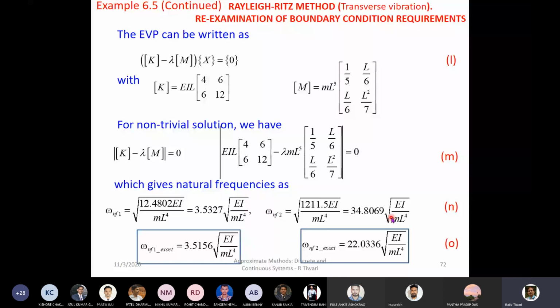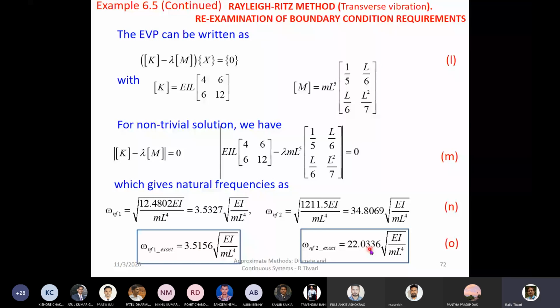Now the first natural frequency is compared with the exact solution from the actual eigenvalue problem. This is the second natural frequency, exact from the eigenvalue problem. Now if you compare, the first natural frequency got improved drastically. It is now quite close. The second has much more difference.